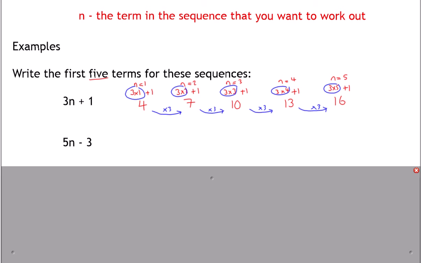So 5n take away 3 this time. Again, look, n is 1, n equals 2, n equals 3, n equals 4, n equals 5. This time we're doing 5n take away 3.